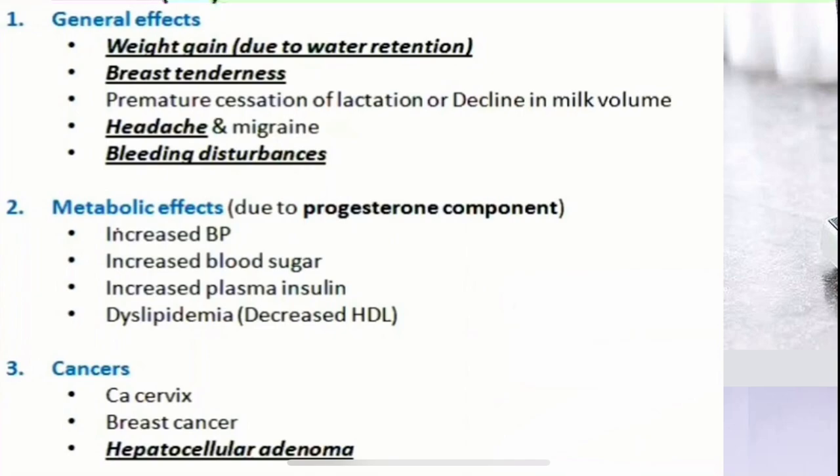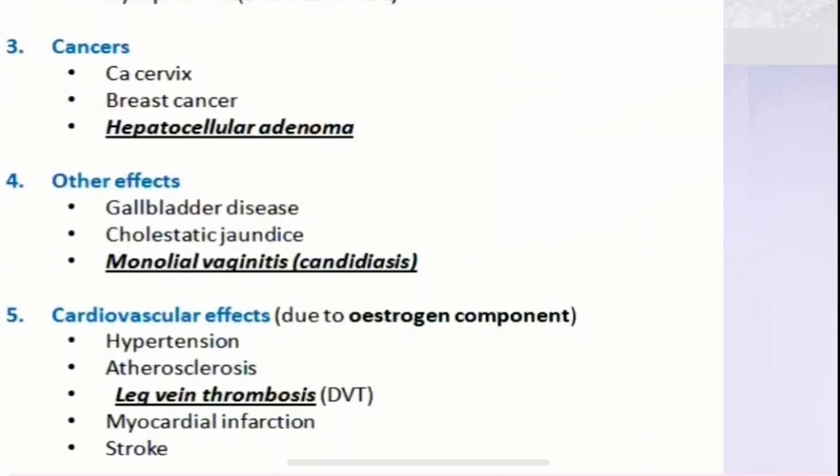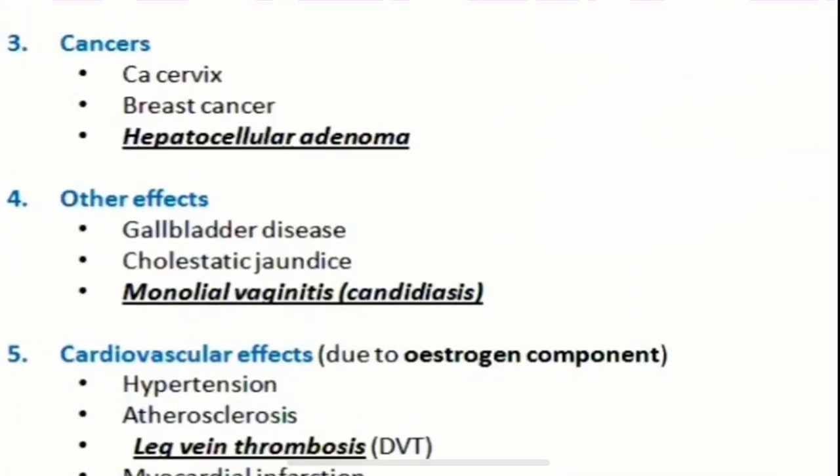Now, next we have the cancers. In cancers, what did we see? Carcinogenic effect. We see that hormonal contraceptives show a trend of increasing the risk of cervical cancers. Increased duration of use of OCPs is being explored in cases of breast cancers, and hepatocellular adenomas are also seen.